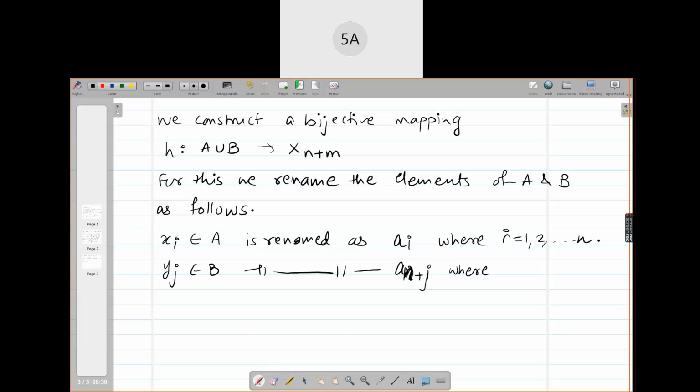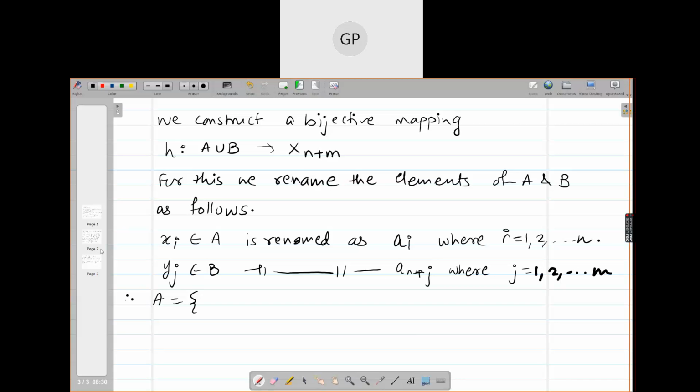So what will happen? Whatever n you have stays, and here also j goes from 1 up to m. So it will become n plus 1, n plus 2, n plus 3, and so on. Therefore, what will be the set A?